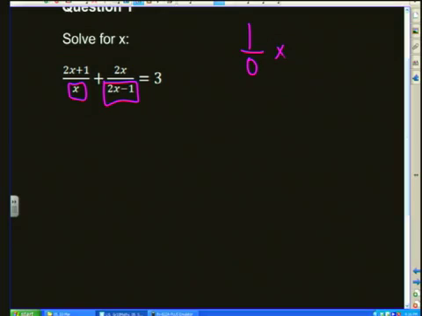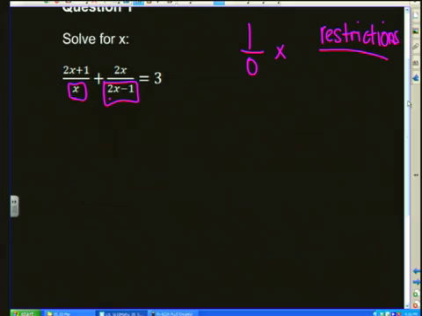That's undefined. We don't know what x is; x can stand for any number at all. So in the end, when I get my answers for x, I need to compare those values to the restrictions and see if there's no conflict.